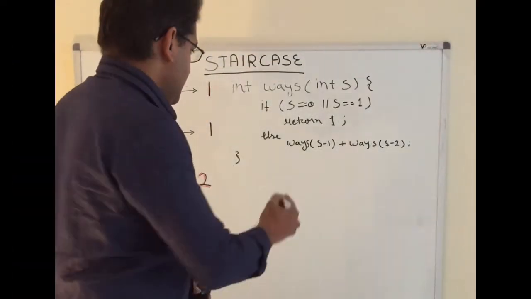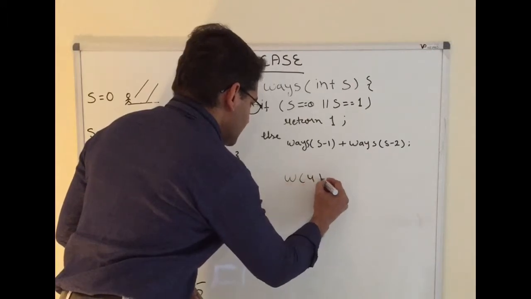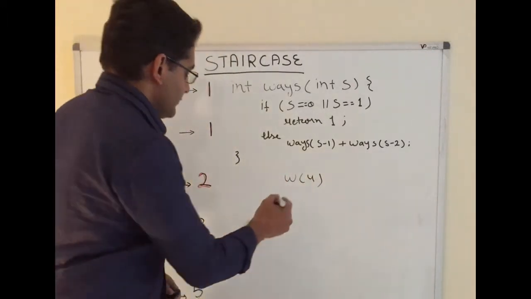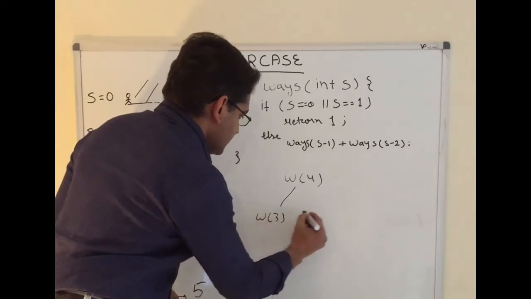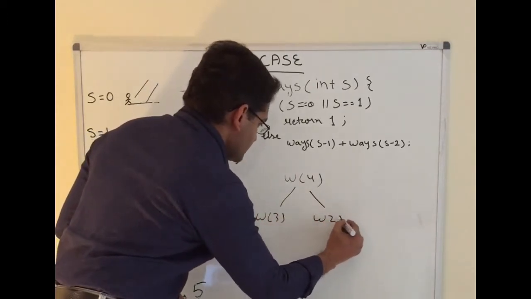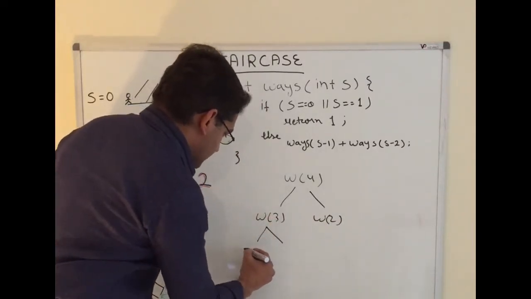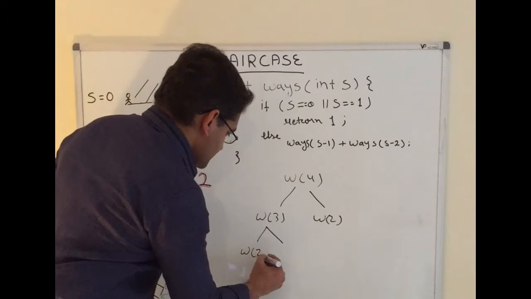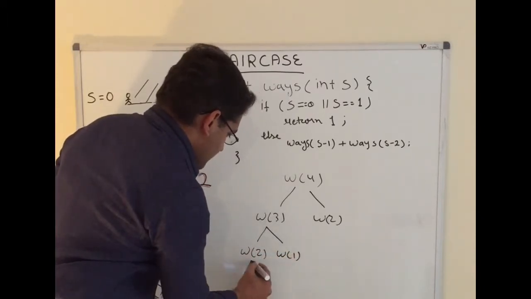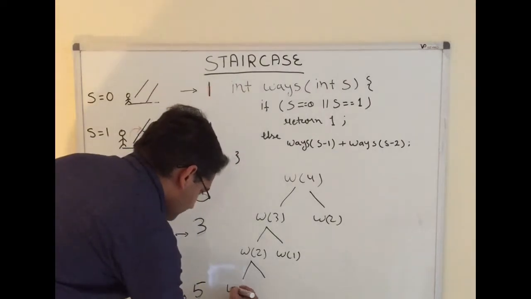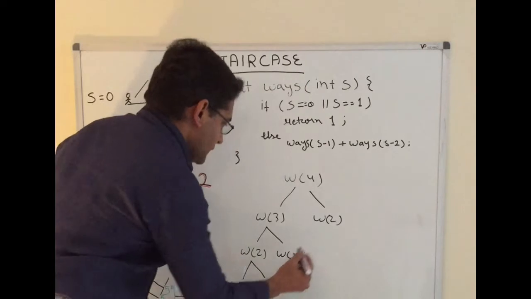Let's examine for s equal to 4. In order to calculate the value for ways 4, it requires the value from ways 3 and ways 2. To get the value for ways 3, it gets the value from ways 2 and ways 1. Ways 2 will get its value from ways 1 and ways 0.